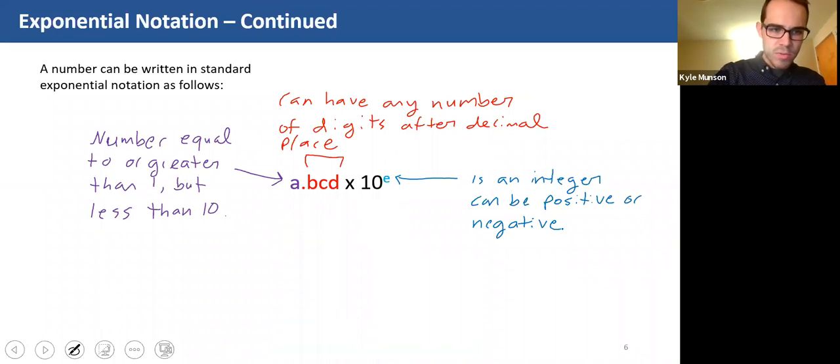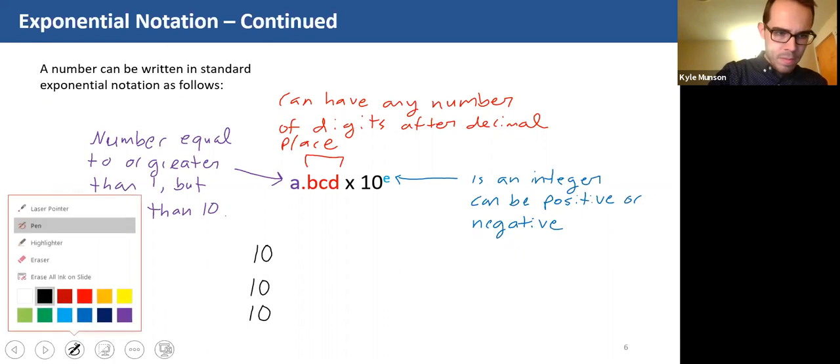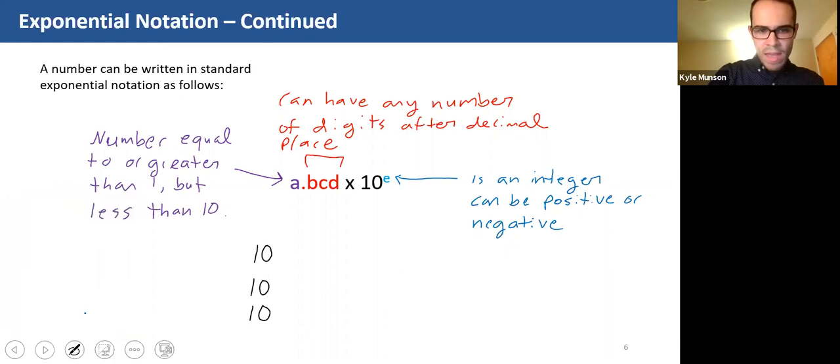So here's some examples of what E could be. Let's say I had 10, I'll just write a few examples here, all right? So if I had 10 to 2, that would be acceptable. 10 to minus 2, this would be acceptable, okay? 10 to 3, that would also be acceptable.